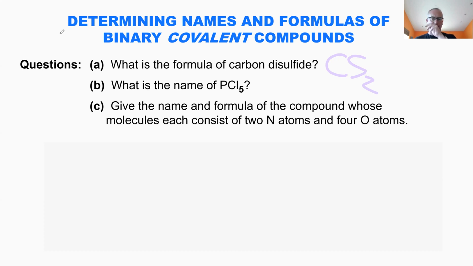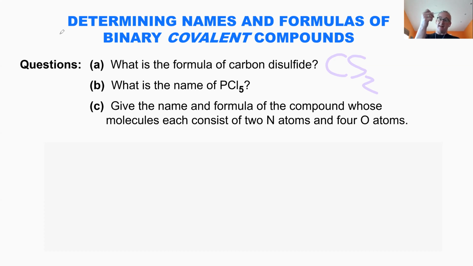So what would be, I have a compound with two nitrogens and four oxygens. What would be the name of it? First, give me the formula of it. Which element would come first? N2O4. Right.